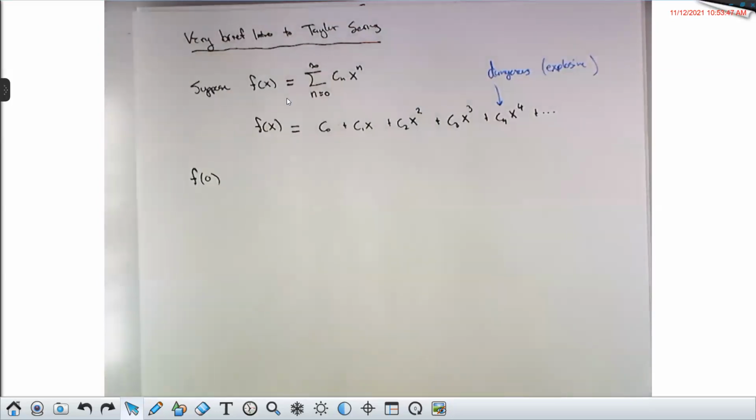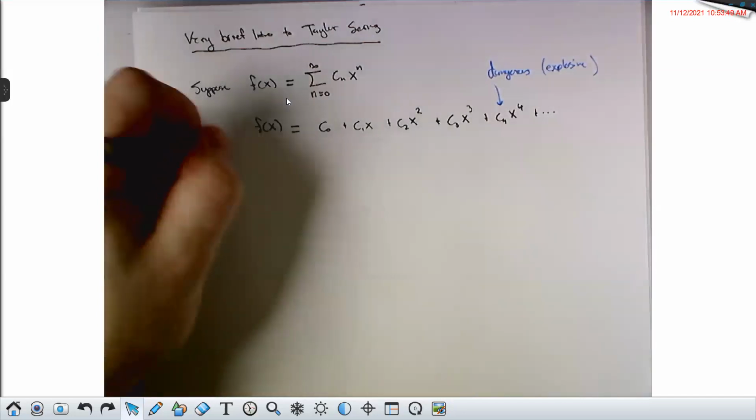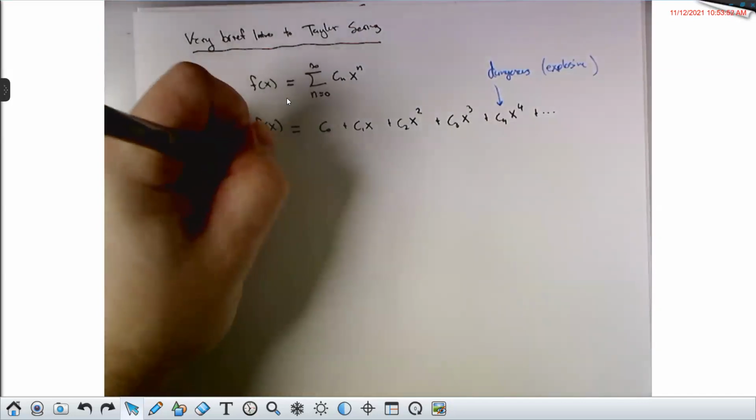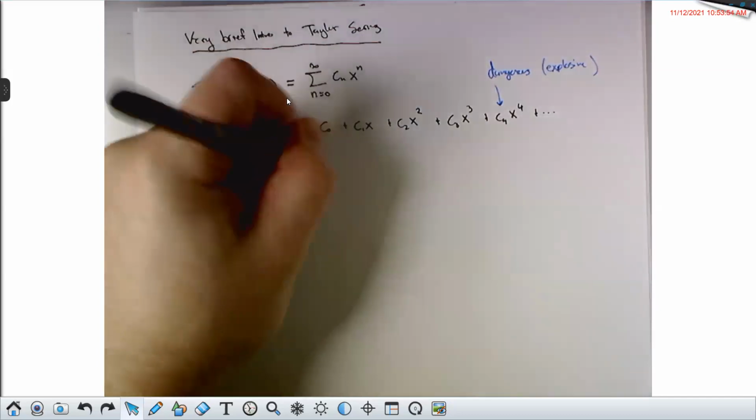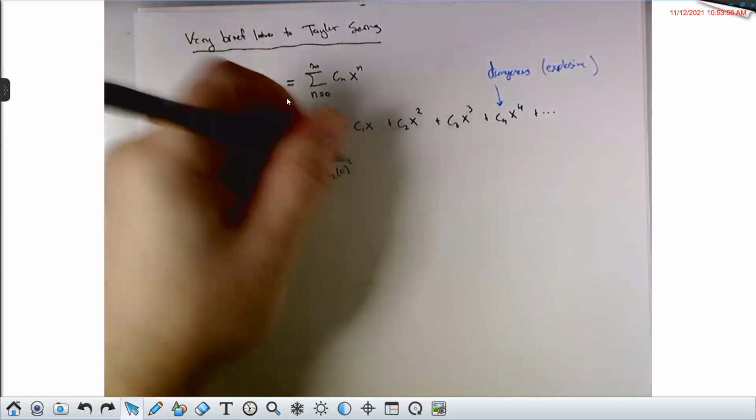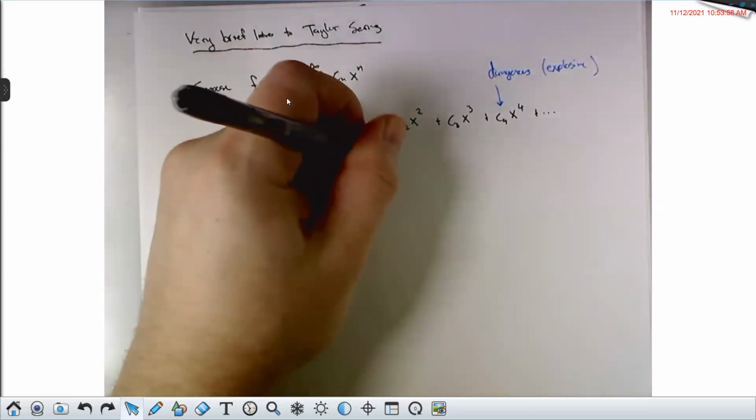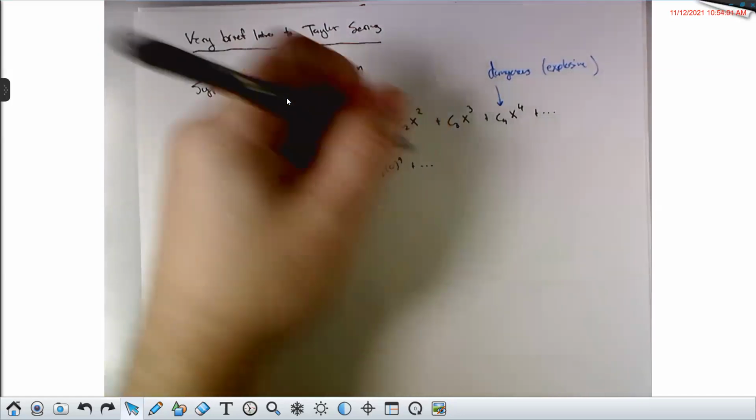If you plug 0 in, then you get c_0 plus c_1 times 0 plus c_2 times 0 squared plus c_3 times 0 cubed. I'm not going to write the rest of them.